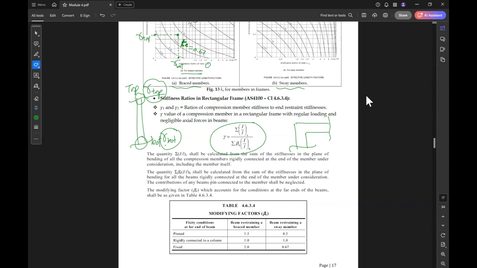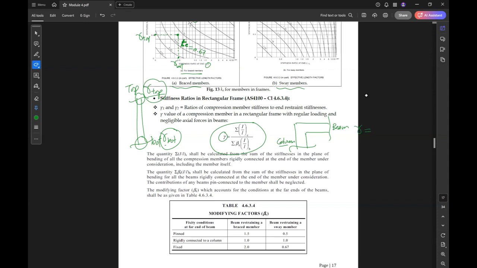Okay, you have seen this before in the previous module. So again, quickly, gamma: because we have a connection between the beam and the column, the standard gives us this formula to account for the stiffness or size of the beam relative to the column.